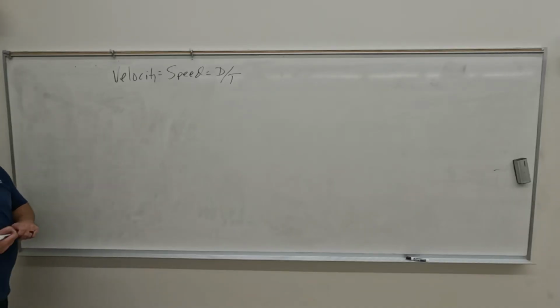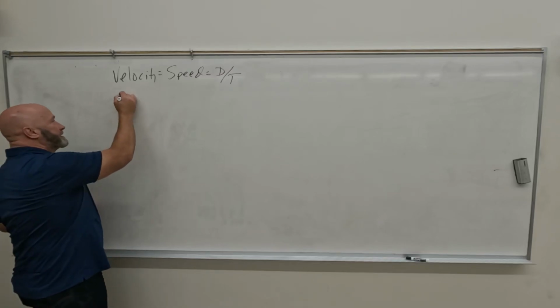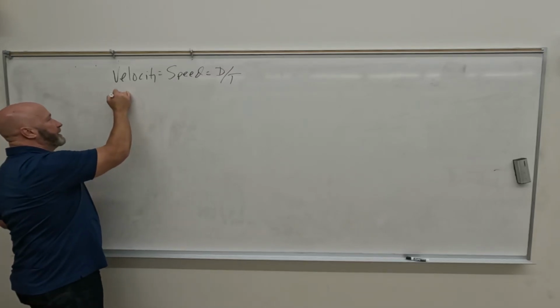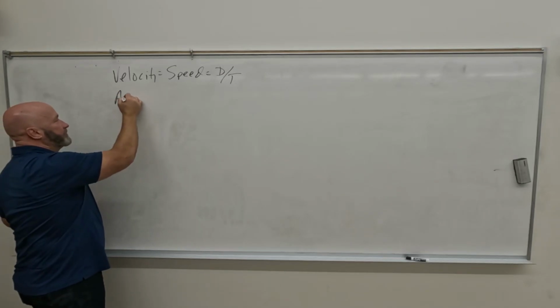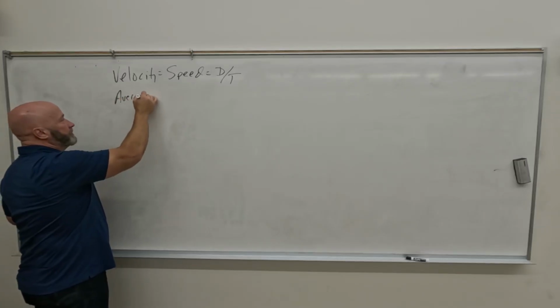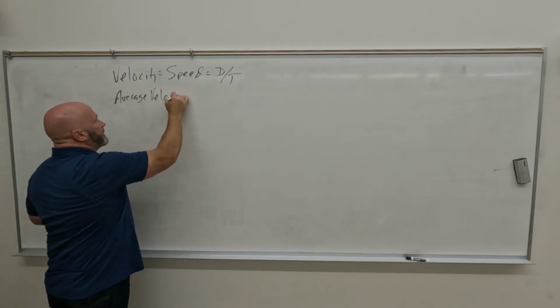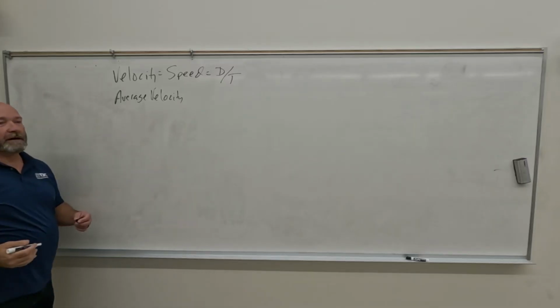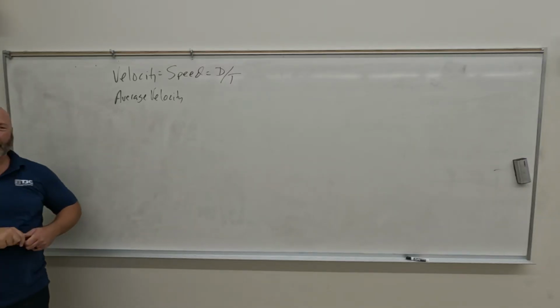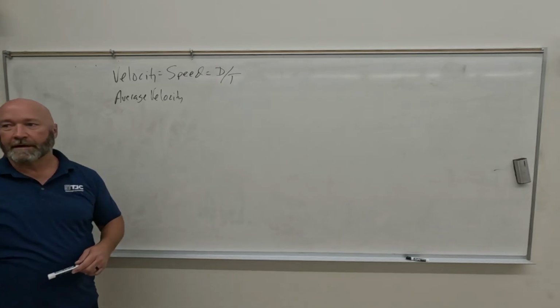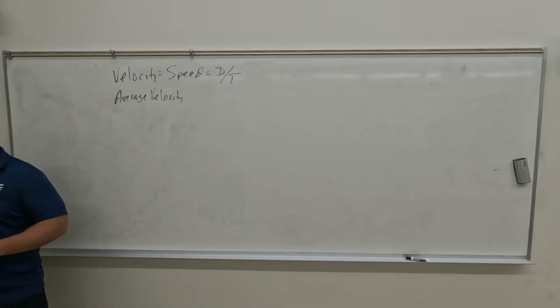So average velocity is just like finding the average of anything. How do you find the average of your test grade? Add all of them up and divide by how many? Yeah, you add it all up and then you divide by the quantities that you have. We'll have 6 to 7 tests in here, so you would add all those numbers up and then divide by how many tests we complete.